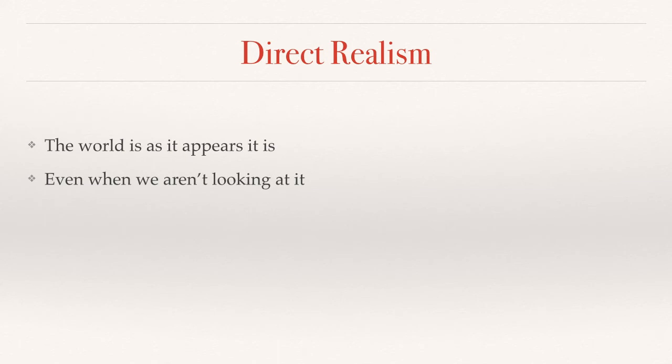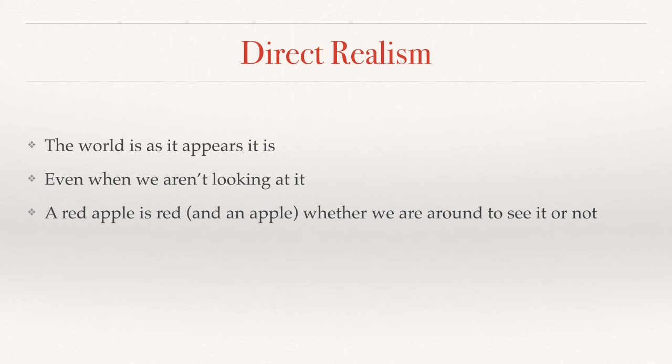To give an example here, suppose you're looking at a red apple and it's good light and you're not confused or anything. You're looking right at the red apple. And you might say, aha, I see the apple and its properties, that is red and round, spherical. And if I were to set it on a table and look away from it for a moment and ask myself, well, is it still there?